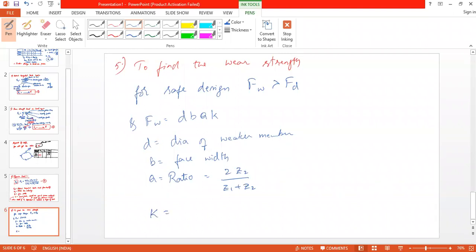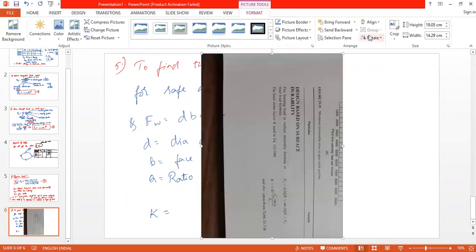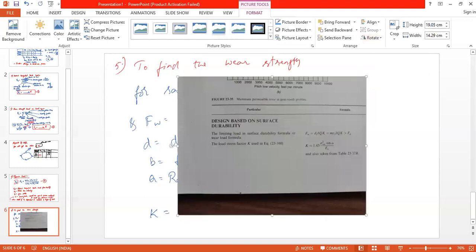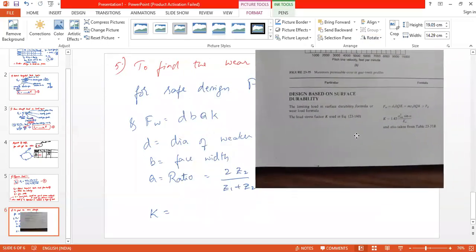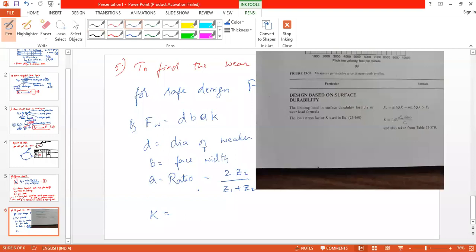And what is K? K is the load stress factor, equal to 1.43 sigma square HAC sin alpha by E naught.